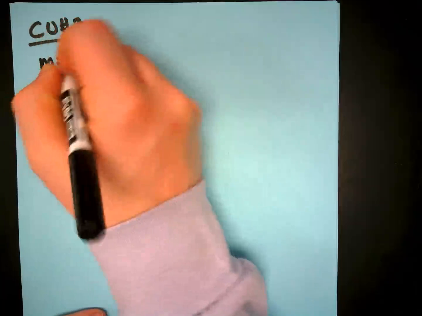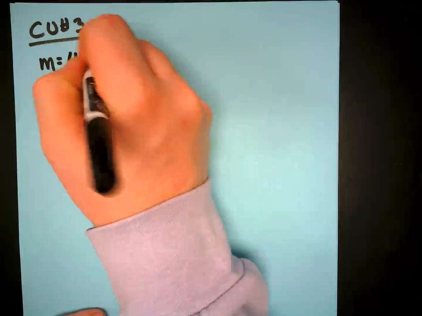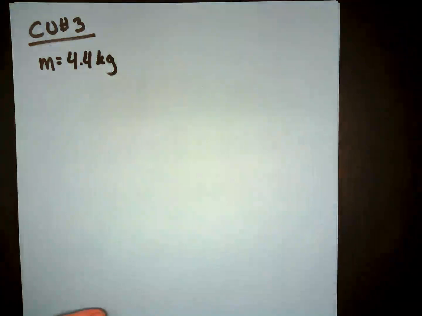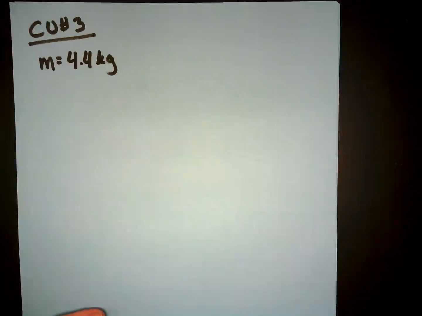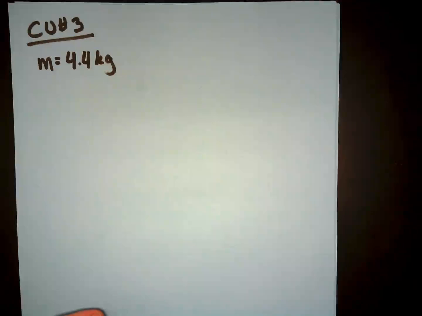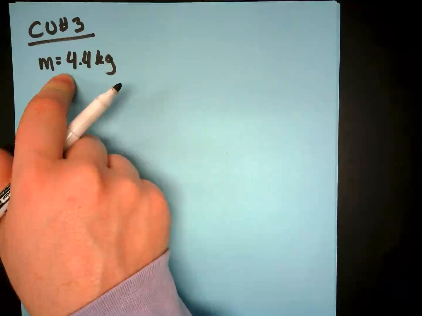Okay, so it gives us mass. I have a feeling that we're not going to need this, because there's really no indication. They give us the amount of force here, and they also tell us the amount of work that's been done. So we have to figure out how far this box moves. So I don't really think that this is going to be necessary.